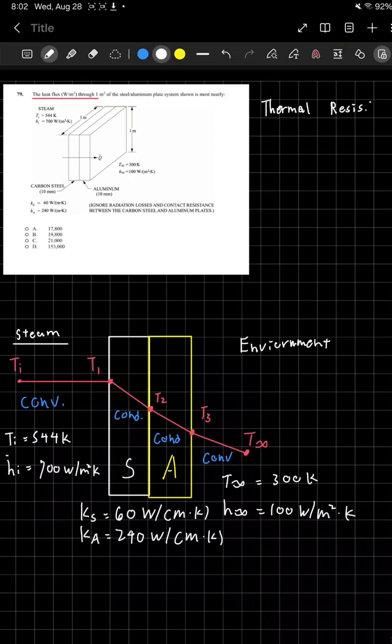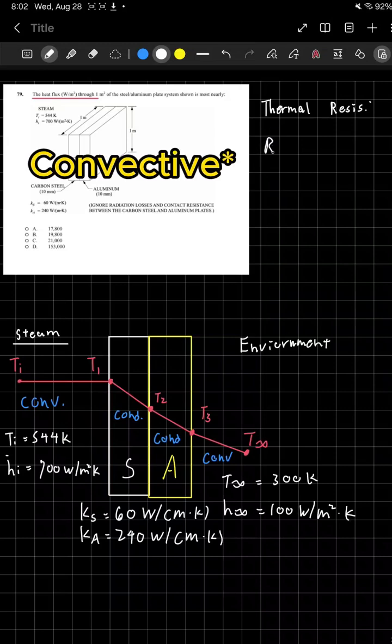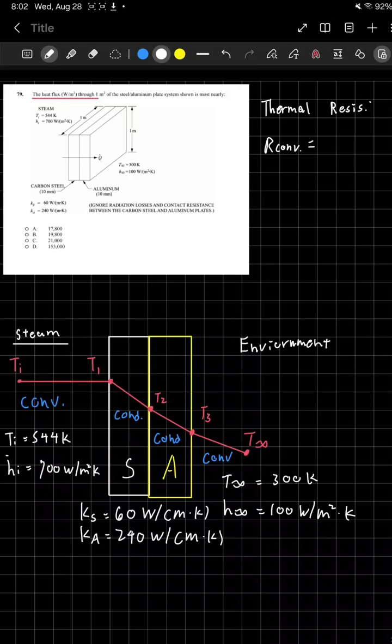Before we do that, I just want to write down the equations that we're going to use for the thermal resistance of convective and conductive heat transfer. So for our convective heat transfer, I'm going to say R CONV. The equation for that is 1 over the heat transfer coefficient multiplied by the surface area.